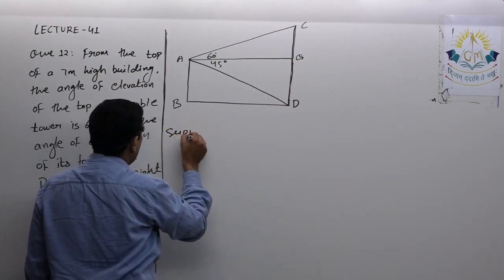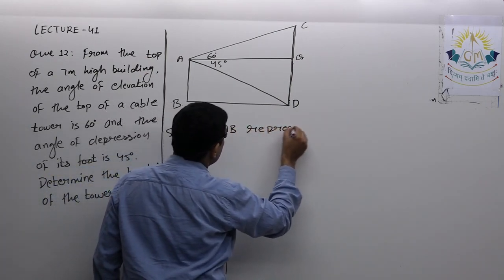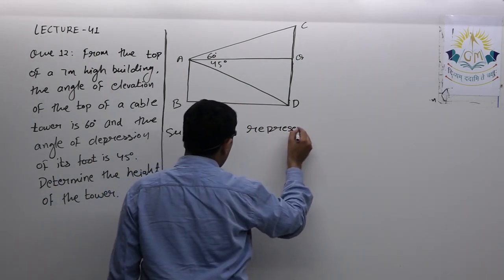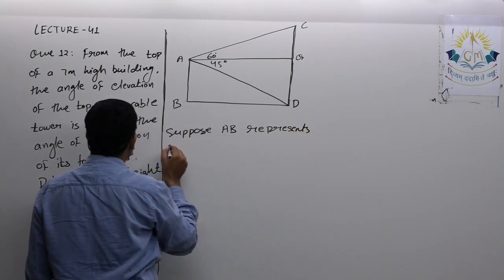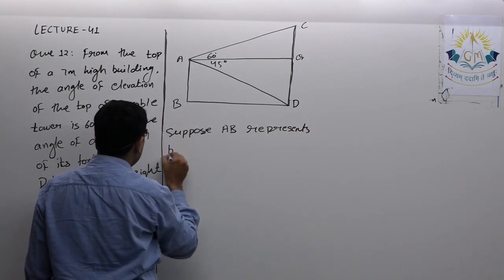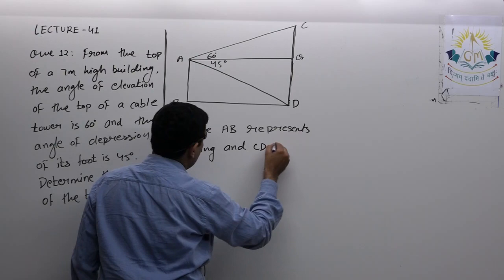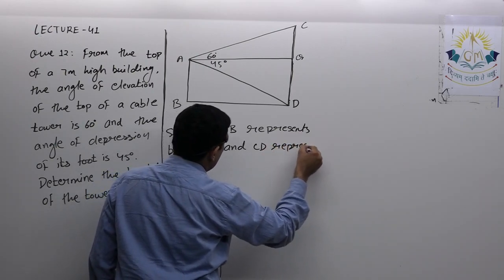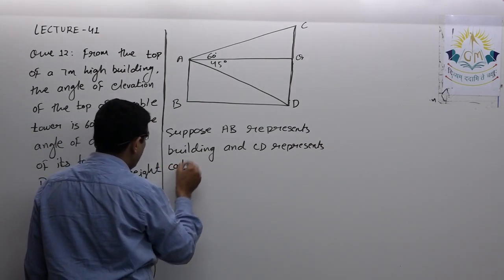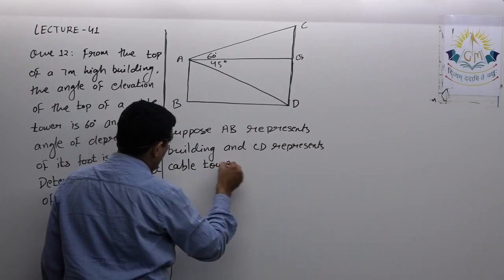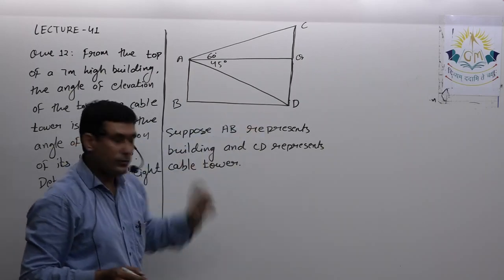So suppose AB represents building, and CD represents cable tower.